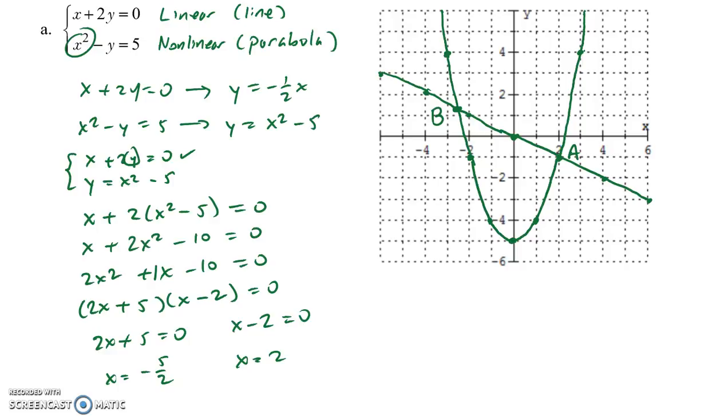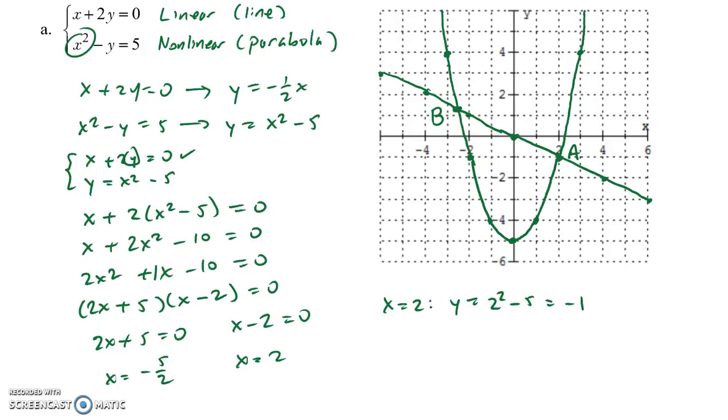Then we can substitute back into, let's use y equals x squared minus 5 again, and find the y coordinate corresponding to each of these x's. So when x is equal to 2, using y equals x squared minus 5, we get y equals 2 squared minus 5, or 4 minus 5, or negative 1.